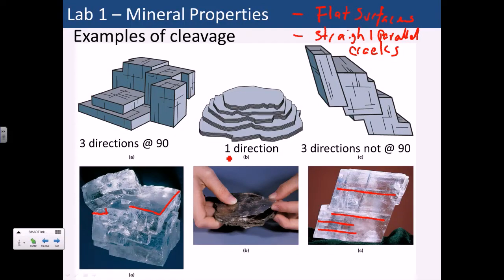Here is a little cleavage surface, and it steps up to this cleavage surface, which steps up to that cleavage surface. So that means that there's a direction of cleavage cutting through something like this. There are also stair steps here along this face as well, and then steps up, up, up, up along that face in that case. So stair steps are good indicators of cleavage.